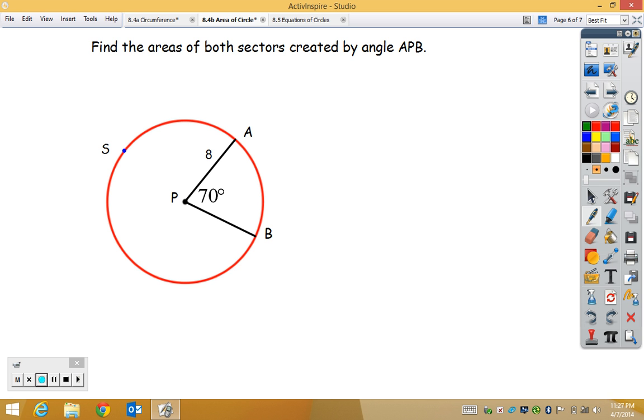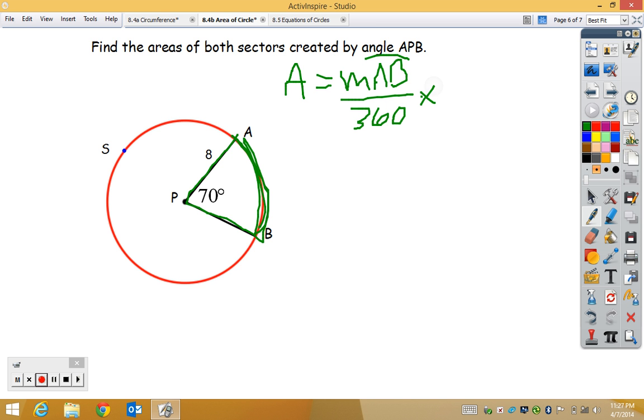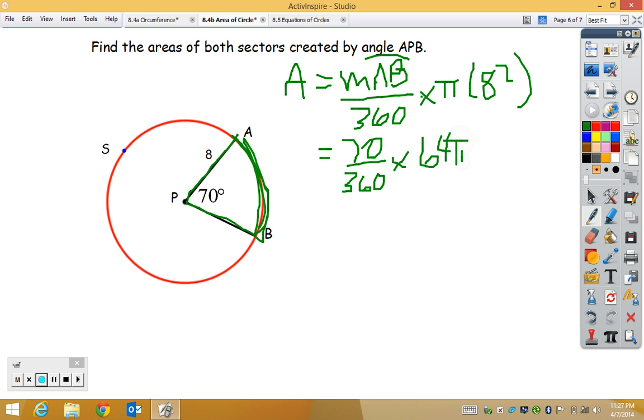So if we first take a look at this sector here, we have our area equals measure of arc AB over 360 times pi times 8 squared. And the measure of arc AB is the same as the angle, so it's 70 over 360 times 64 pi. 8 squared gives us 64.